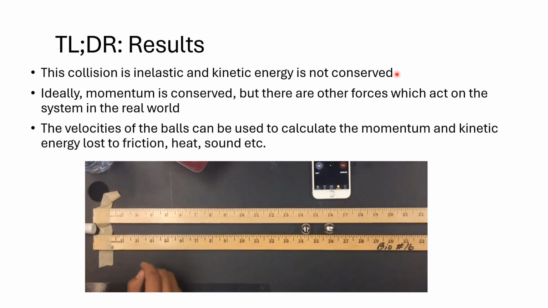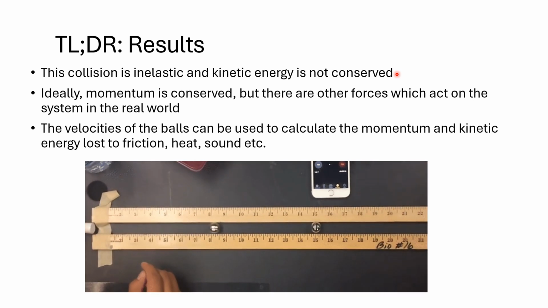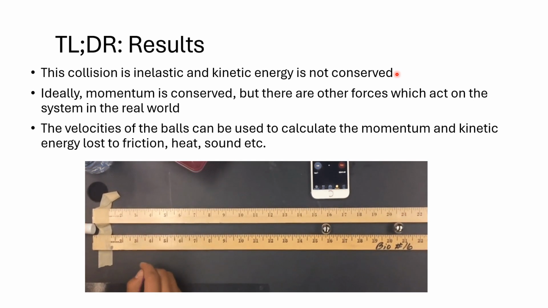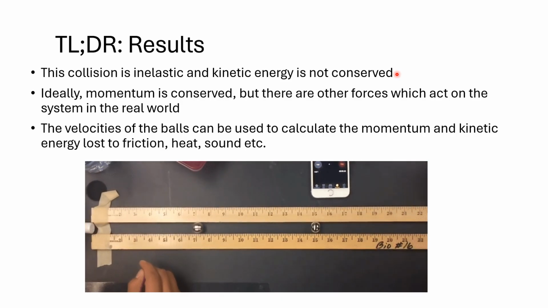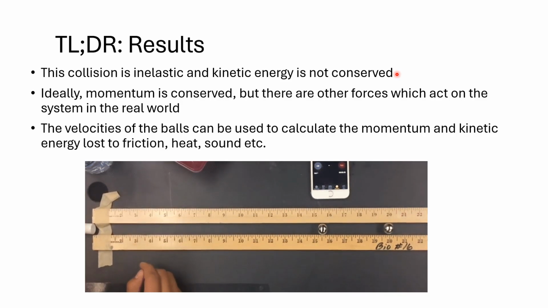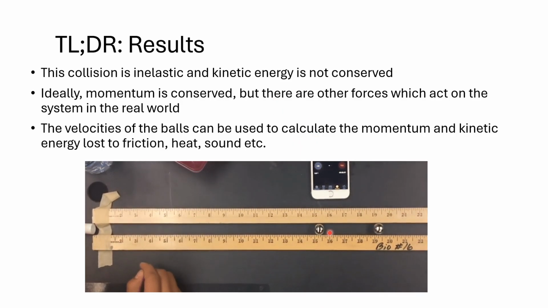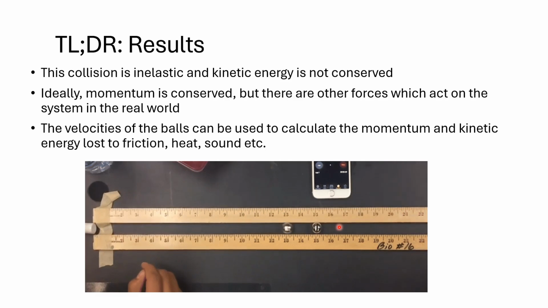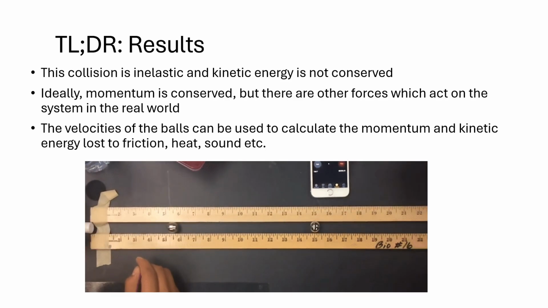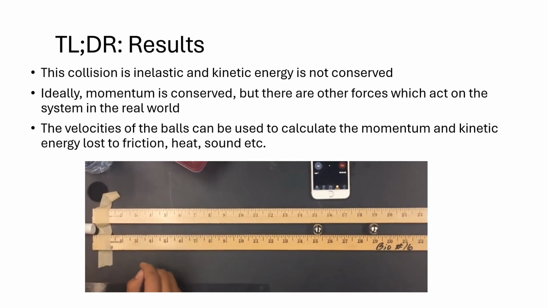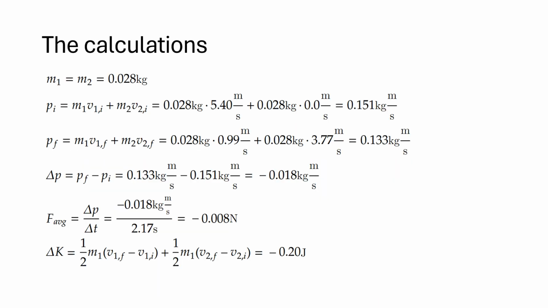Ideally, there would be conservation of momentum, but since there are outside forces acting on the balls from the table, some friction, possibly some air resistance, and other forces, the momentum is not conserved. The velocity and position, as measured by Tracker, are used to calculate this momentum and kinetic energy loss.